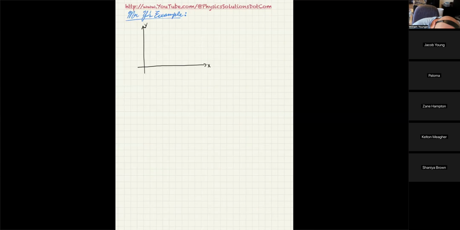But what I'm going to do in this case, I'll say it this way: calculate the CM of this triangular homogeneous lamina, i.e., a uniform triangular plate.